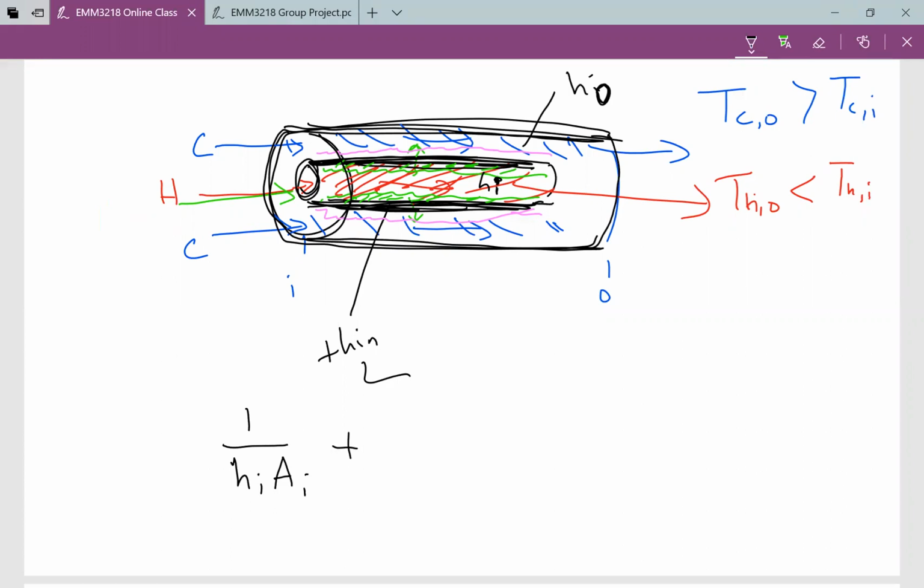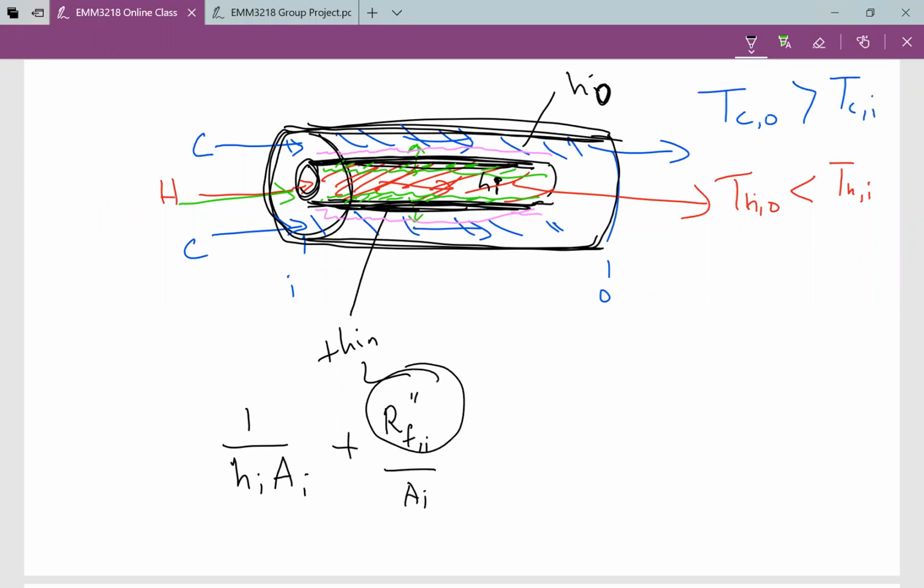And then let's say there's fouling, the green deposits, right? So you're going to have that fouling, which is represented by the fouling resistance. This is for the inner tube, the green color. And then you divide by the area.